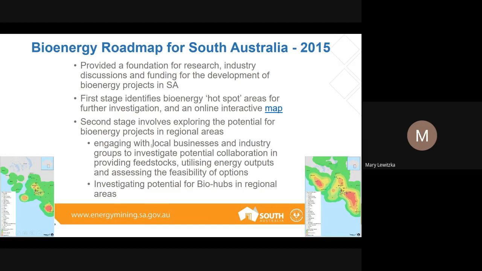So the other things we've been doing around the second stage were exploring the potential for those projects in regional areas. So we worked in those hotspot areas, and as mentioned, we put on some forums and work with regional communities and agencies to see how we can develop the opportunities in those regions.